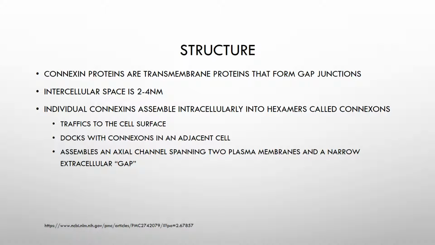Individual connexins assemble intracellularly into hexamers called connexons. This allows it to traffic to the cell surface, which it then docks with connexons in an adjacent cell. From there, it assembles an axial channel spanning two plasma membranes and a narrow extracellular gap.